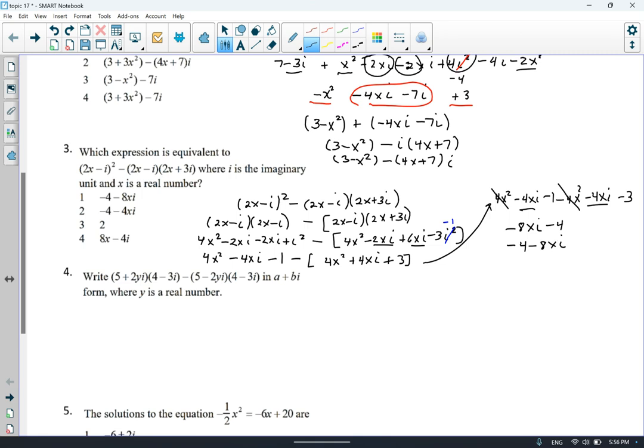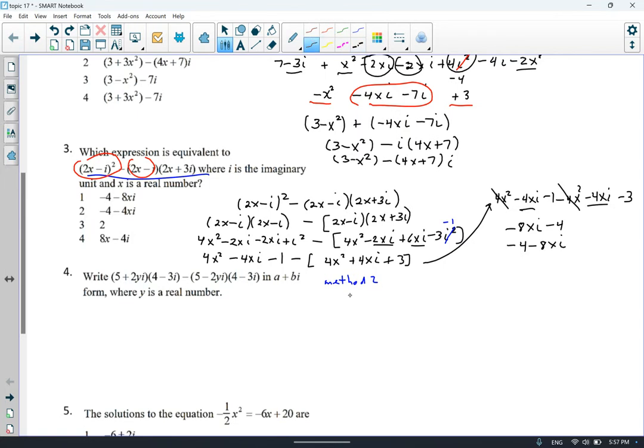And I'm going to make a video of number 4 separately, but I will show you how you could have done number 3 differently. So the method 2 for this, you can go ahead and notice how there's this common factor of 2x minus I here.